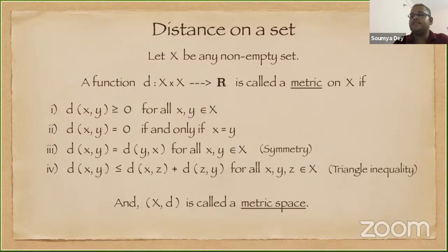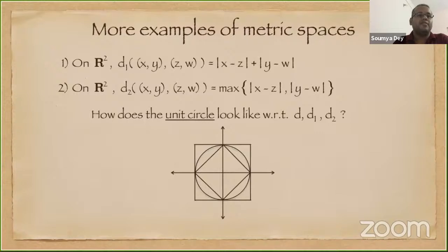Okay, let's see some examples. We have already seen examples of metric spaces: the Euclidean spaces R2 or Rn with the norm or the absolute value are metric spaces. But there are more. Let's look at the first example on this page.